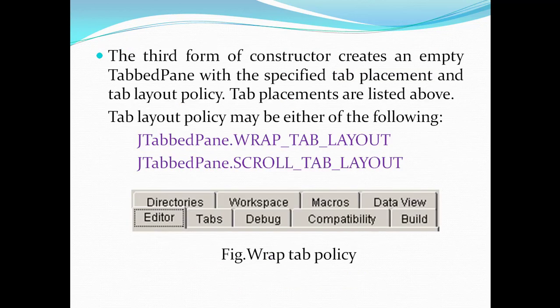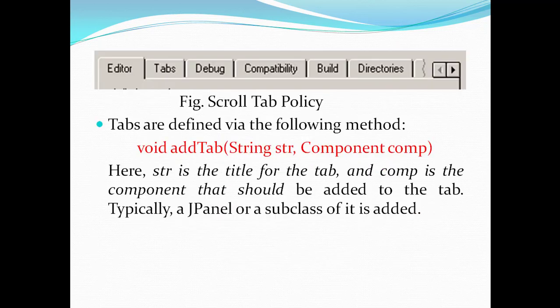Also tab layout policies: wrap tab policy, scroll tab policy. How to add the tabs? By using the addTab method we can add the tabs, and that syntax is void addTab(String str, Component comp). Which component we are going to add, that we need to specify here.